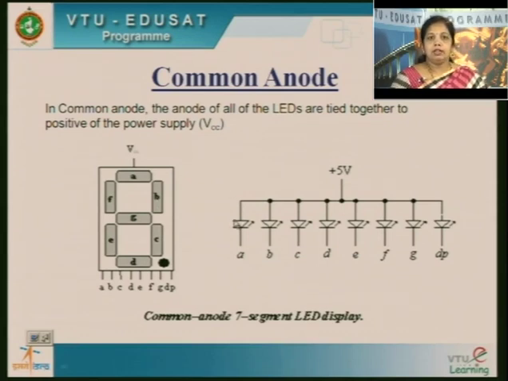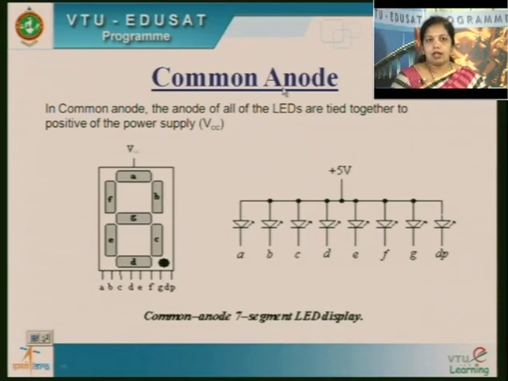The symbol of LED is a triangle and a dash, which represents light emission. This side is the anode and this line represents the cathode.